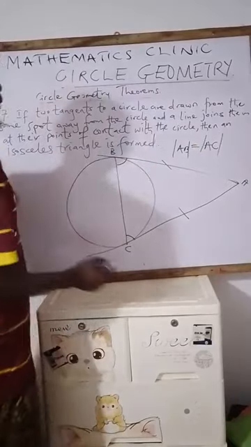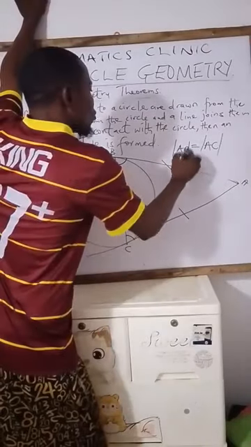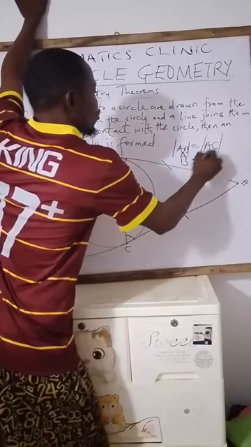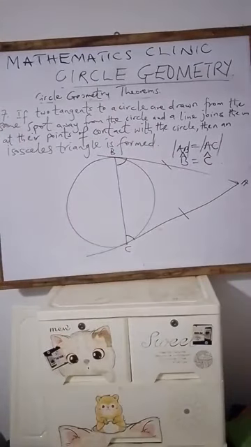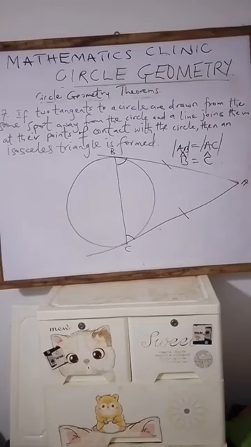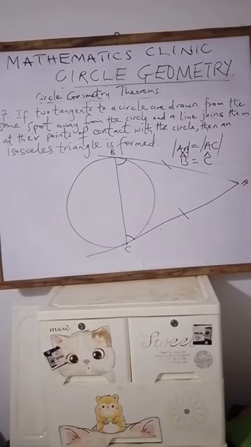If that is the case, that forms an isosceles triangle, then angle B must be equal to angle C. That is what the seventh theorem is talking about. Quite easy.